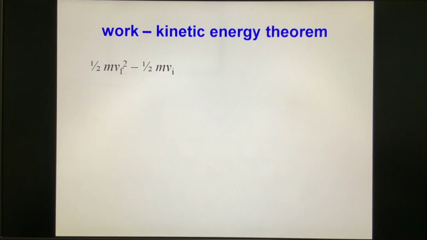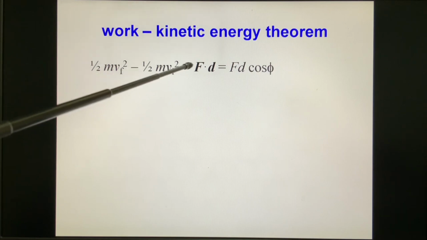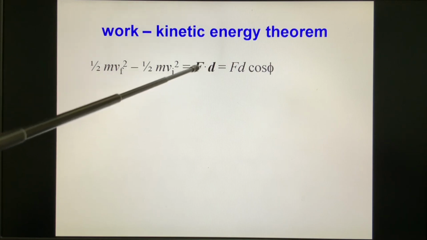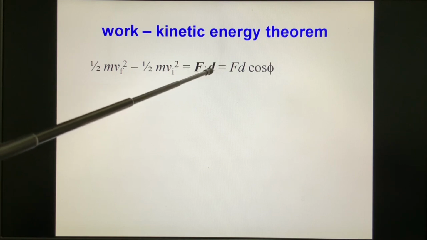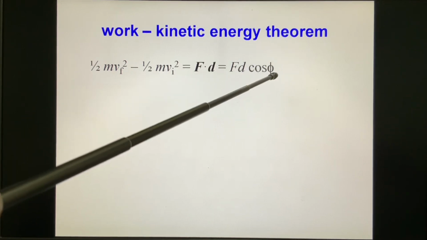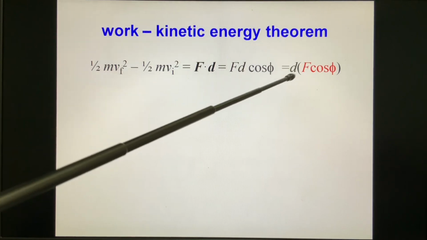Half m v final squared minus half m v initial squared equals F dot d, the work done by the force. This is the dot product of two vectors. So by definition, it is equal to F d cosine phi, where phi is the angle between these two vectors. So we rewrite it as d F cosine phi.